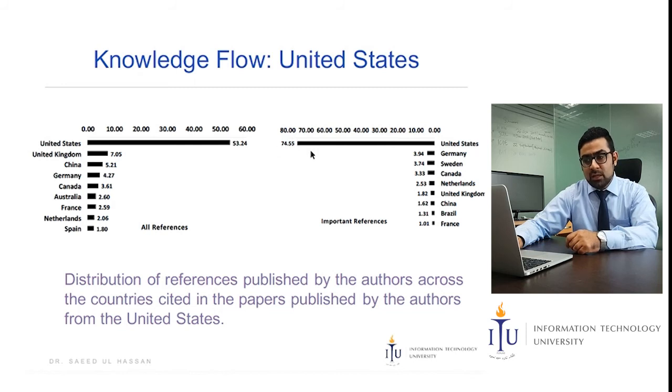So the dependency of the United States on its own important knowledge, by our definition, improves significantly, and its dependency on Chinese knowledge, for instance, decreases to 1.6%. Whereas Germany, Sweden, Canada, and the Netherlands are pretty much there next to the United States.